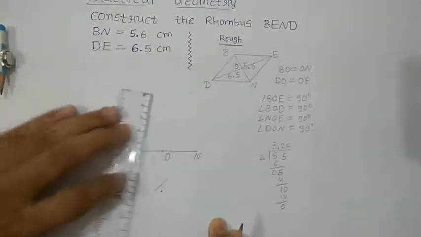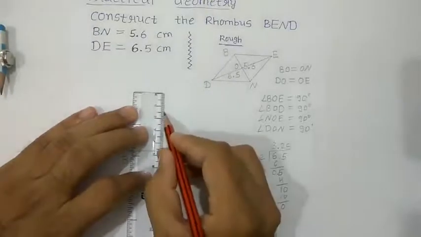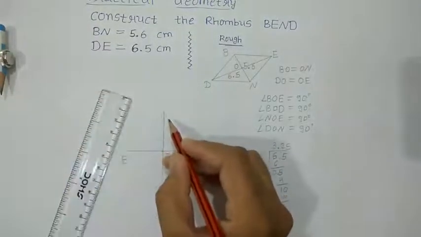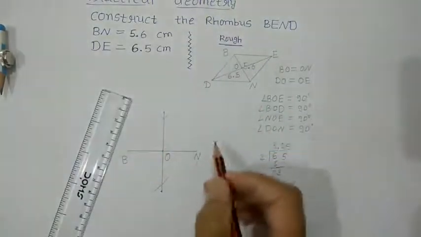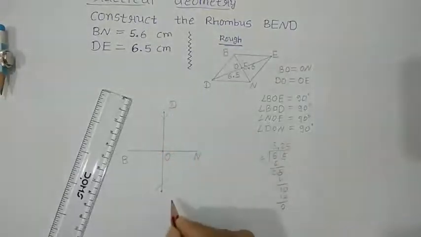So now this will be our second diagonal, right? This will be our second diagonal. Give it the name. This is D and this is E, right?